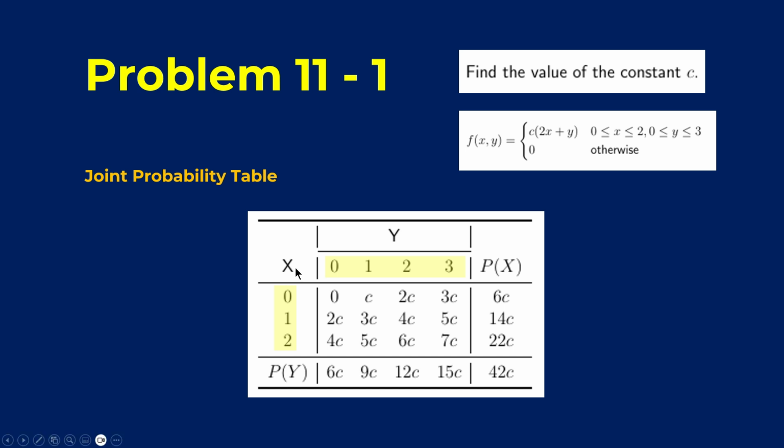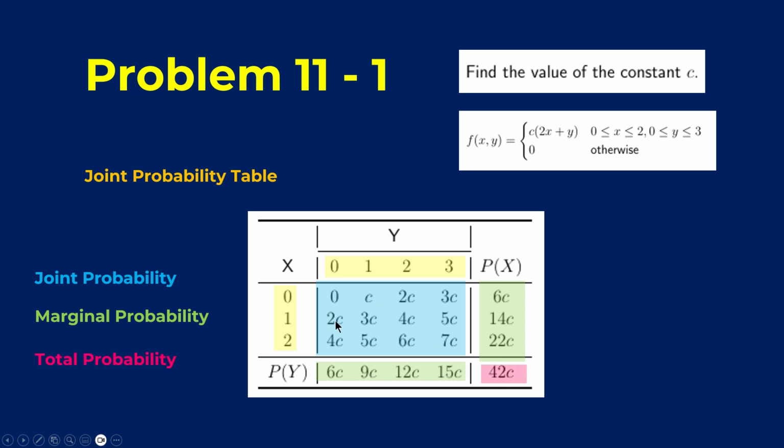So we have the x and y random variables, and these are the integer values both x and y can assume. In the middle we have the joint probability values, and along the margins we have the marginal probability, and then we have the total probability, which is the sum of all the joint probability values or the sum of the marginal from x or from y.